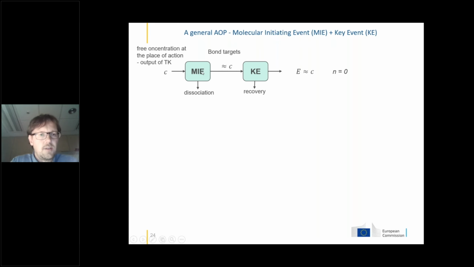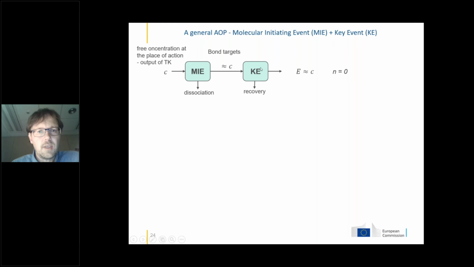Either this dissociation is possible. So if you remove your toxicant in a finite time, everything will be dissociated and the initial cause of your effect will disappear. So in this case, the number of the targets to which the molecules bind will be proportional to the initial concentration.